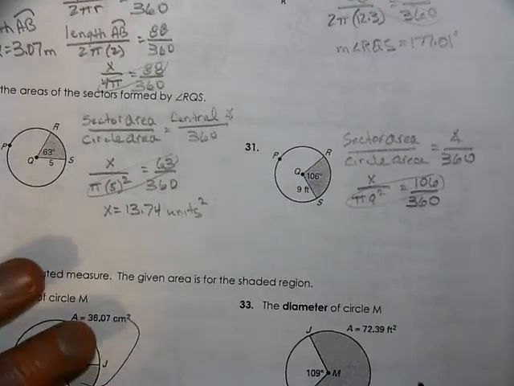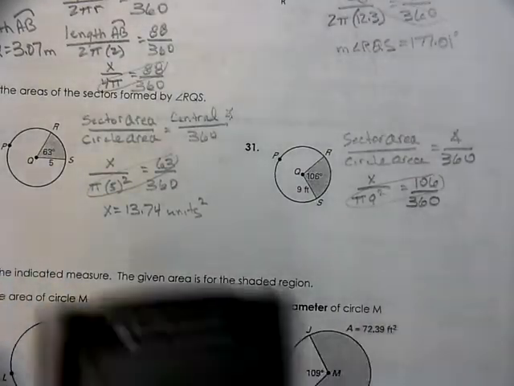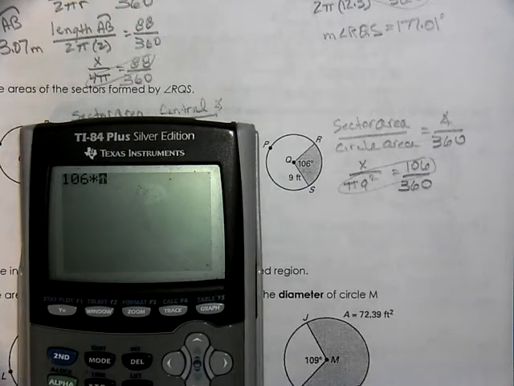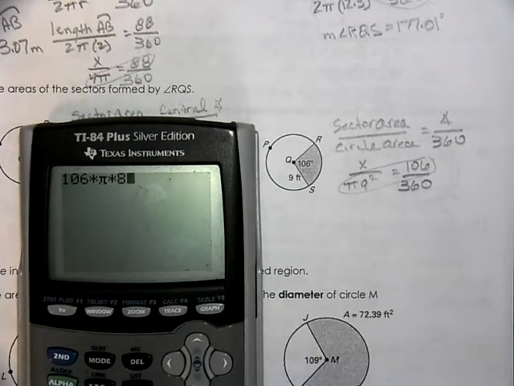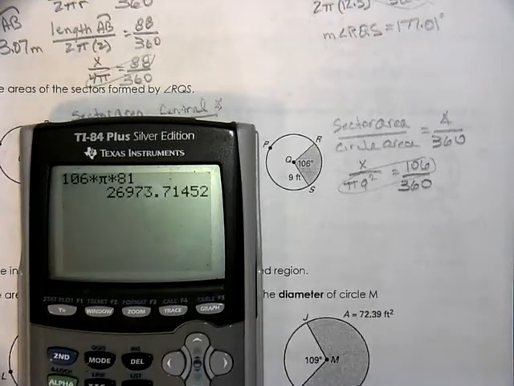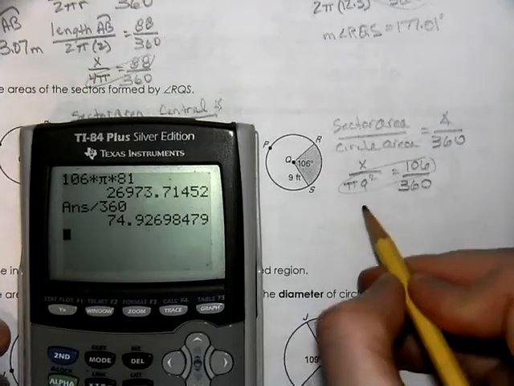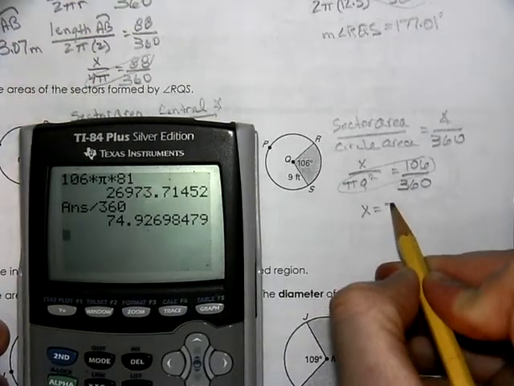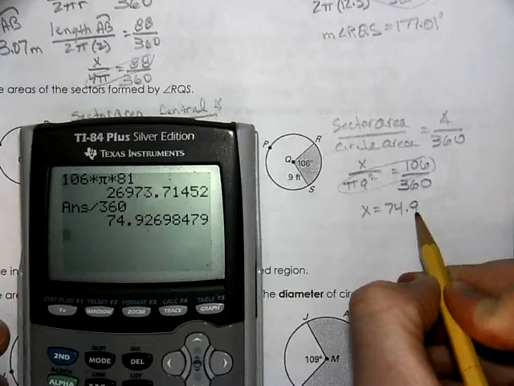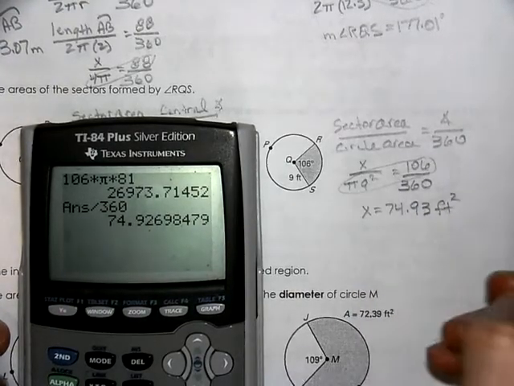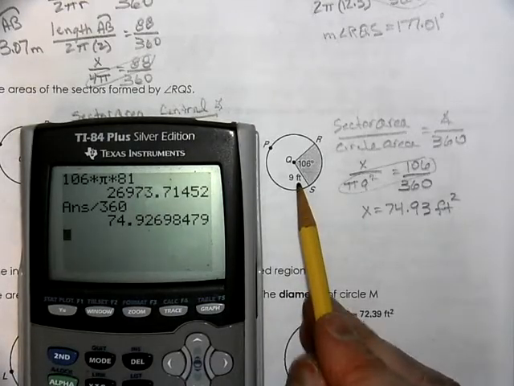We'll cross multiply and divide by the 360. So the 106 times pi times 9 squared. 9 squared is 81. So we get this really big number, and we're going to divide that by 360. So x is going to equal 74.93 feet squared, because feet are the units.